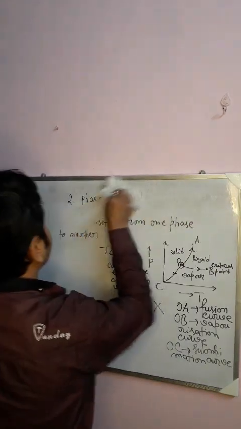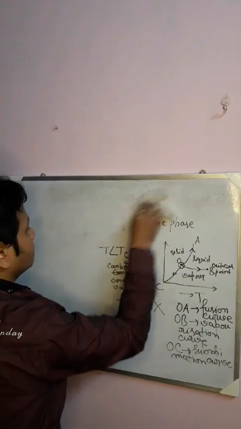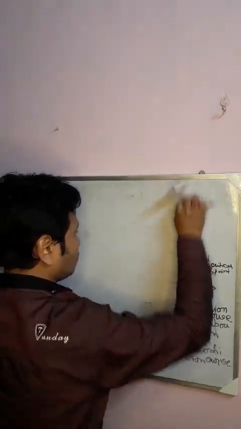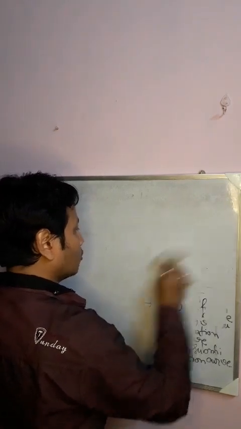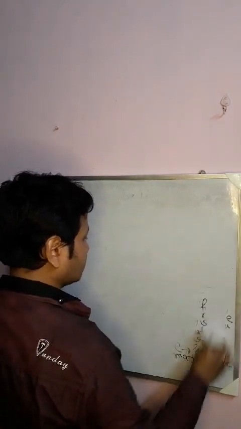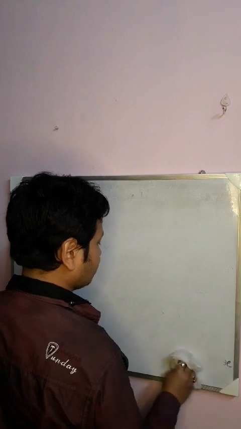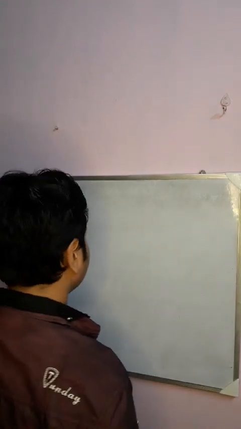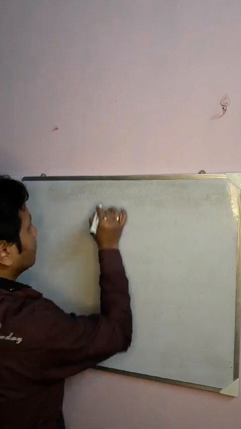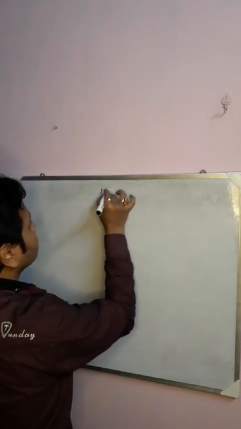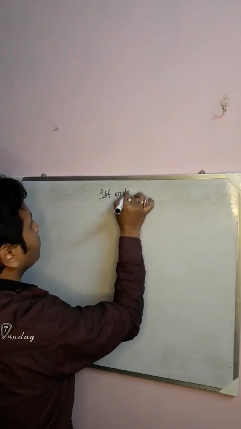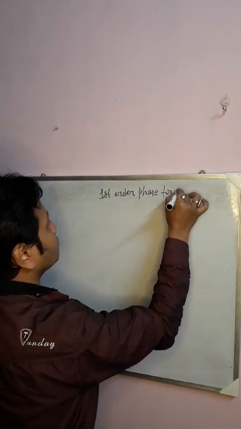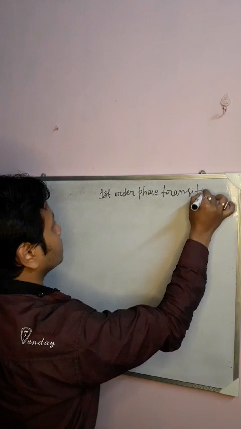Now the third thing that arises, what are the different types of phase transition. Okay, now you all know that there are two types of phase transition. Now today I shall discuss about the first order phase transition, and what it is and what are the properties of first order phase transition.